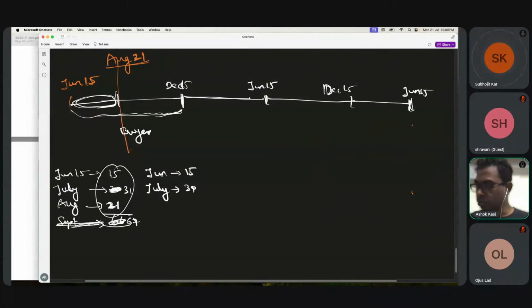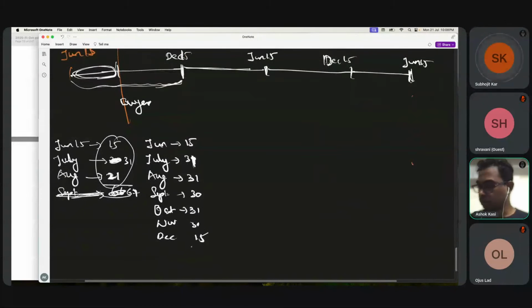So July is 31. August is 31. September is 30. October is 31, November is 30. December is 15 days. 15th only, okay?